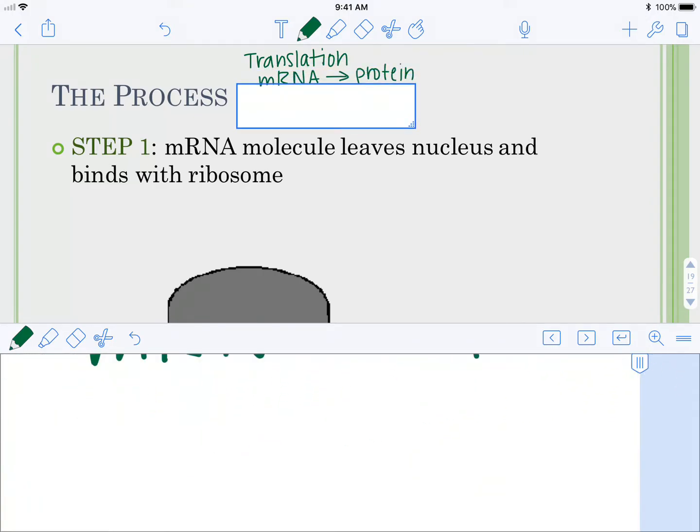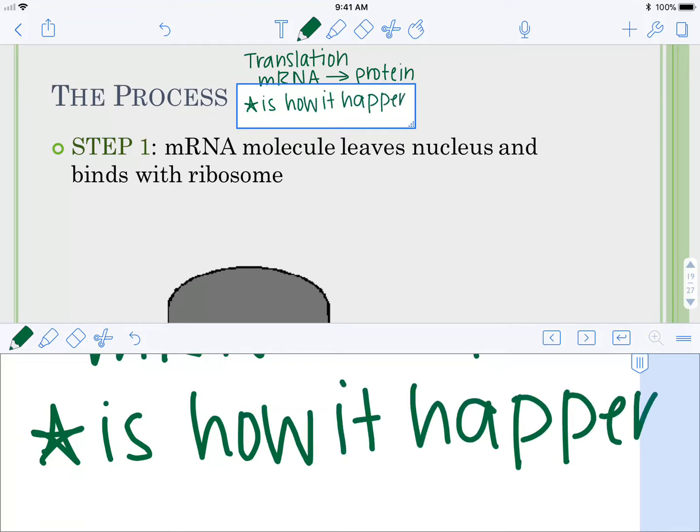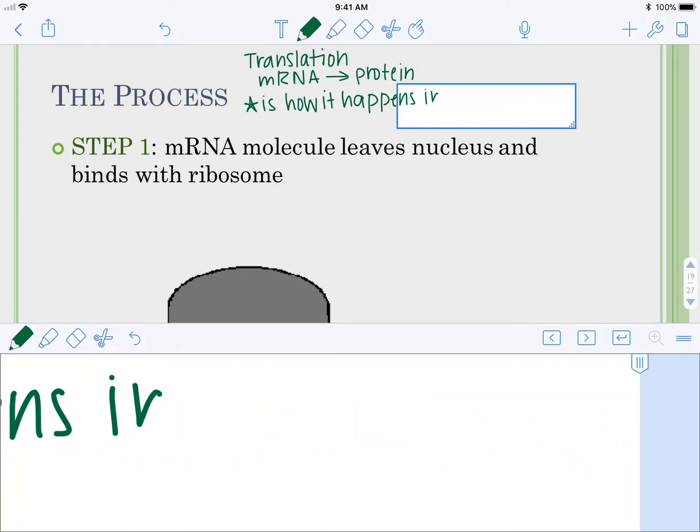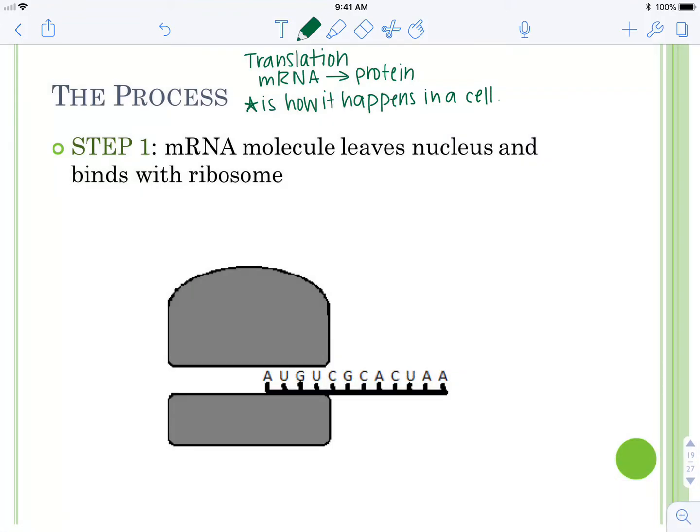Okay, this, what we're talking about today, is how it happens in a cell. Step one is pretty simple. The mRNA molecule leaves the nucleus. We talked about that. That was the very last part of transcription.